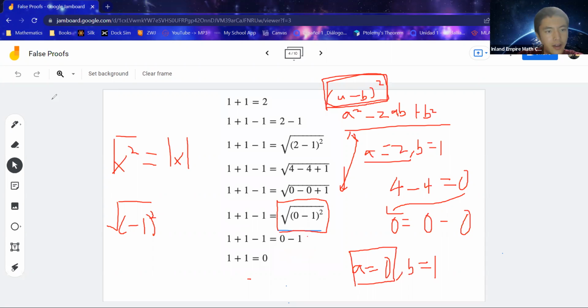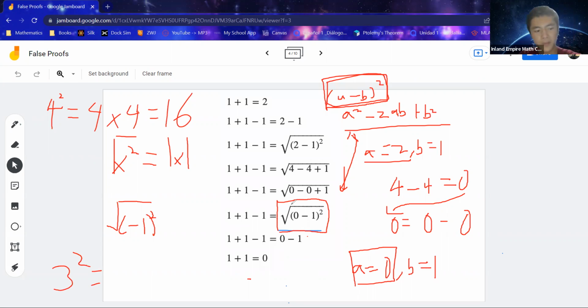For example, if you write a little 4 and you write a little 2 on top, what that really means is 4 times 4, which is 16. That's 4 squared. So when you write a little 2, it means square. What's 3 squared? 9. Excellent. You have mastered the concept of squares.